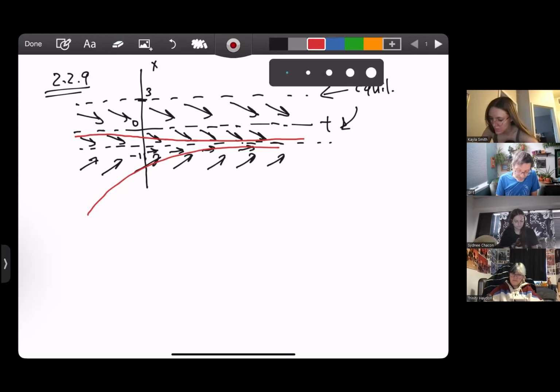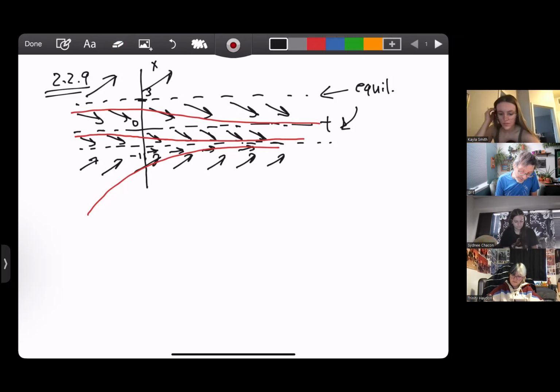And so the equilibrium solutions will look like that. And then last one, I've got these up here, and I'm going to have an unstable equilibrium up here. And so, things like that up there.